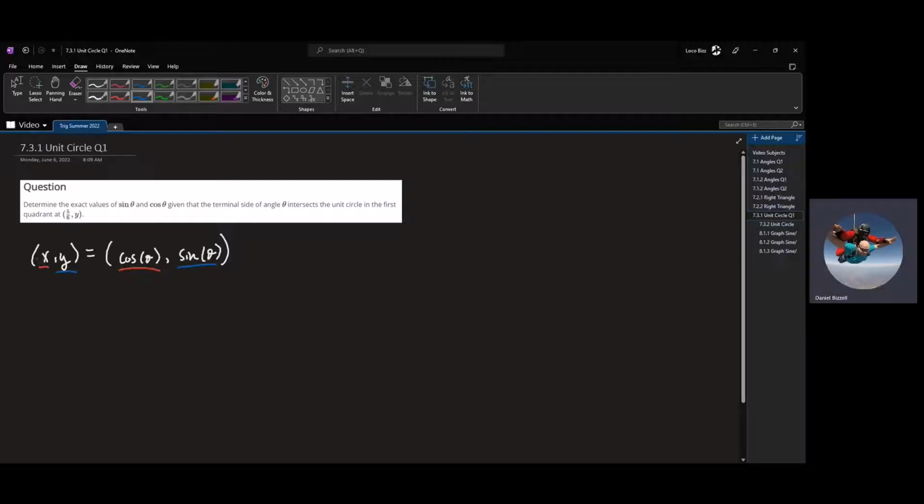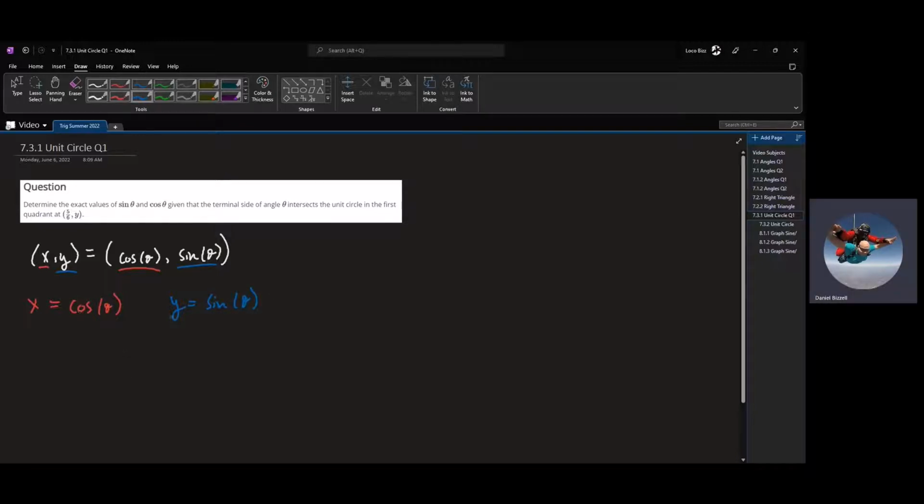So whatever is in this x position is equal to cosine. What I'm getting at here is that x is equal to cosine of theta, and y is equal to sine theta.